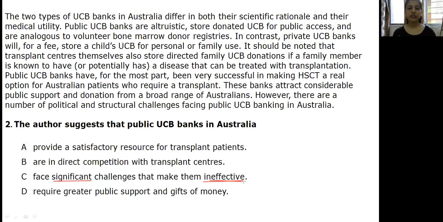And extreme words like too difficult to do, too small to accommodate. Now type in your answers. Which answer choice do you think correctly summarizes the writer's viewpoint on public UCB banks?